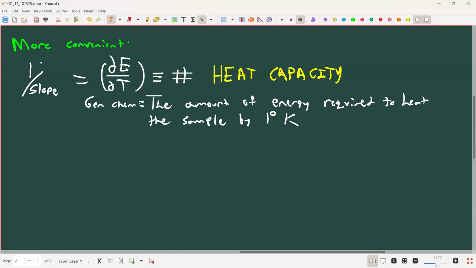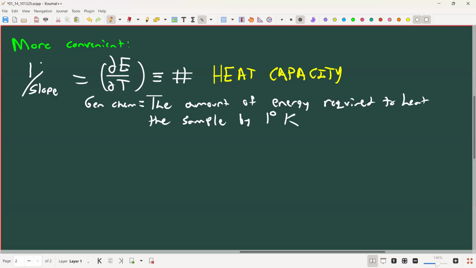Right, which is exactly 1 over what we were measuring. We were measuring how much energy it takes to raise the temperature by 1 degree. And that's exactly what the heat capacity is telling me. So that's the CHEM definition.